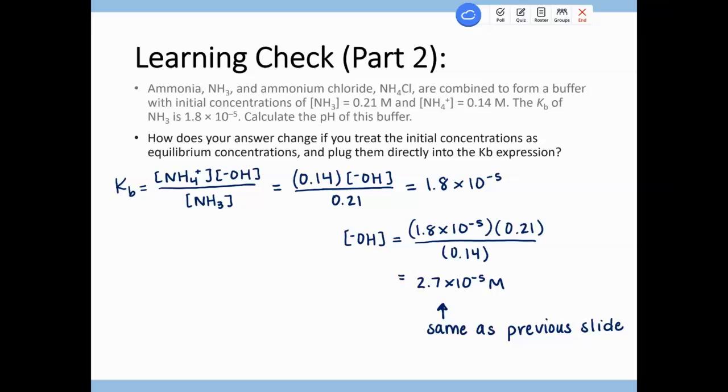So good news for you all. No ice table needed for buffer solutions. Buffer solutions only.